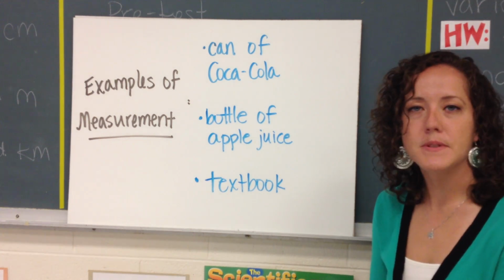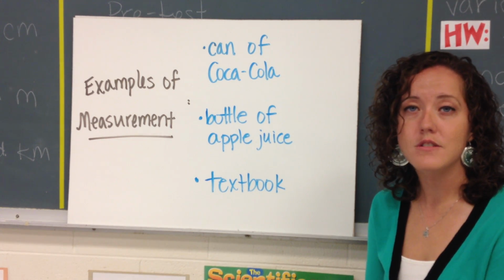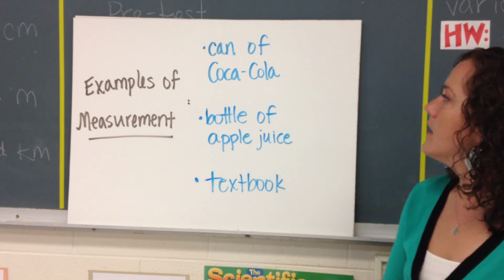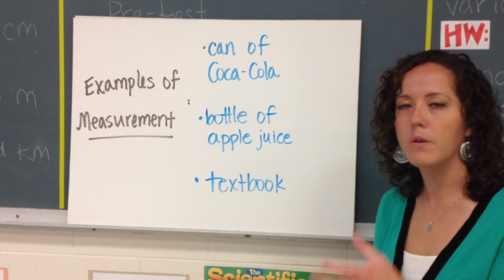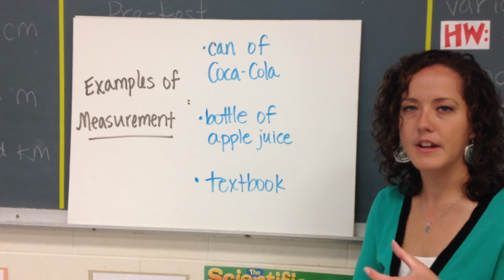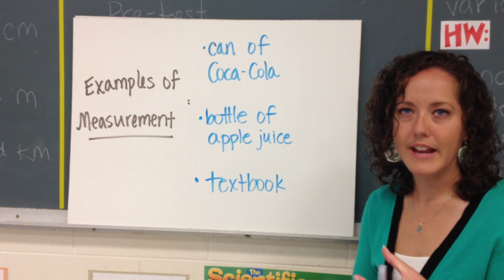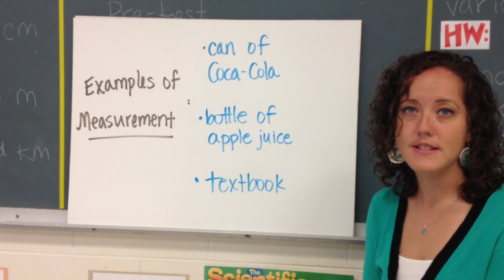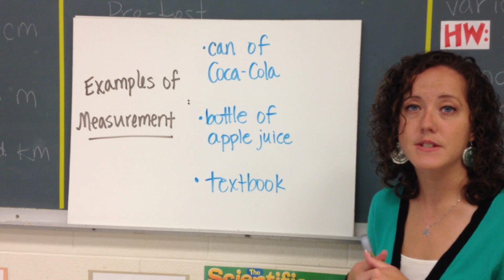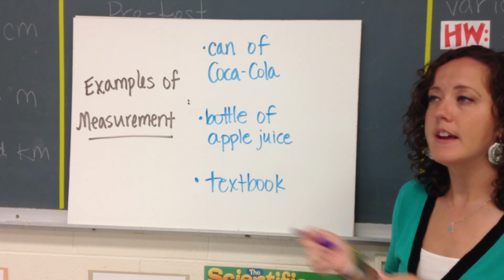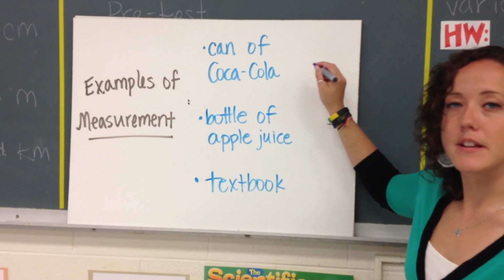So we've got a few examples of measurement in terms of how large the object is. The first is if I had a can of Coca-Cola, if you actually hold up one of those cans and look at the bottom of the label, you'll see a measurement for what it would be with the system we use in America and also the metric system. And when you do that, you'll notice that it's measured in milliliters.